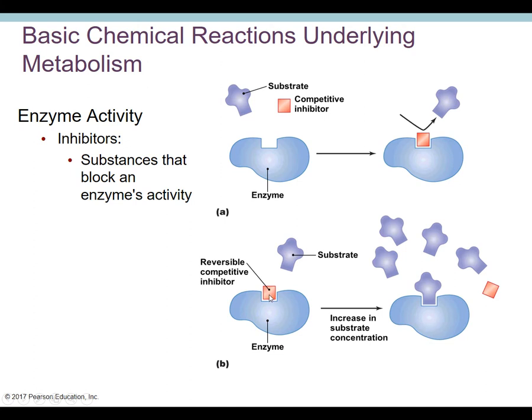Because if you can stop the enzymes of the pathogen from being able to catalyze reactions, you can stop the metabolism of the pathogen itself, and you can stop the reproduction of the pathogen. So competitive inhibitors, and even non-competitive inhibitors, are drugs. They are the drugs that we figure out that can block the metabolism of the pathogen's enzymes.